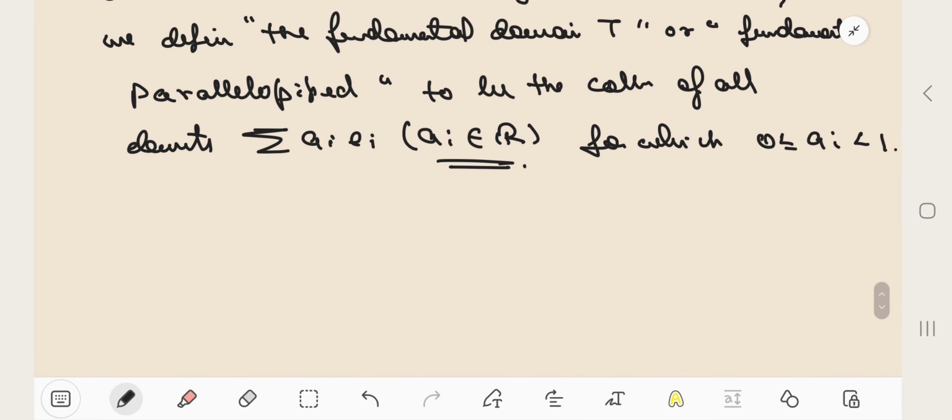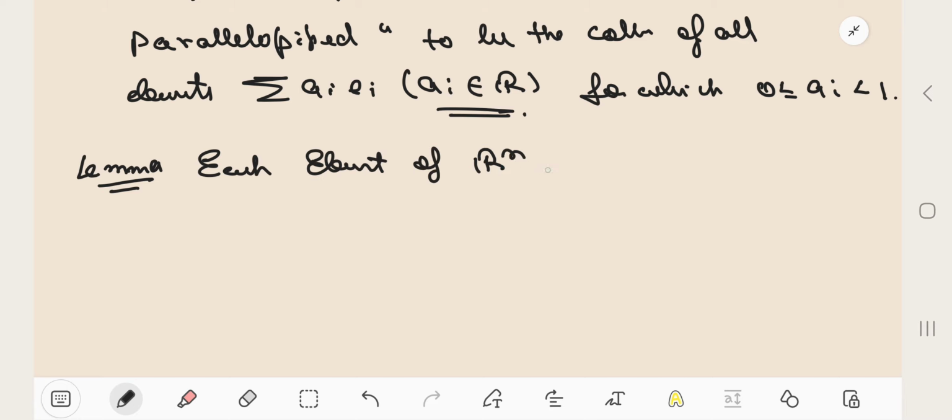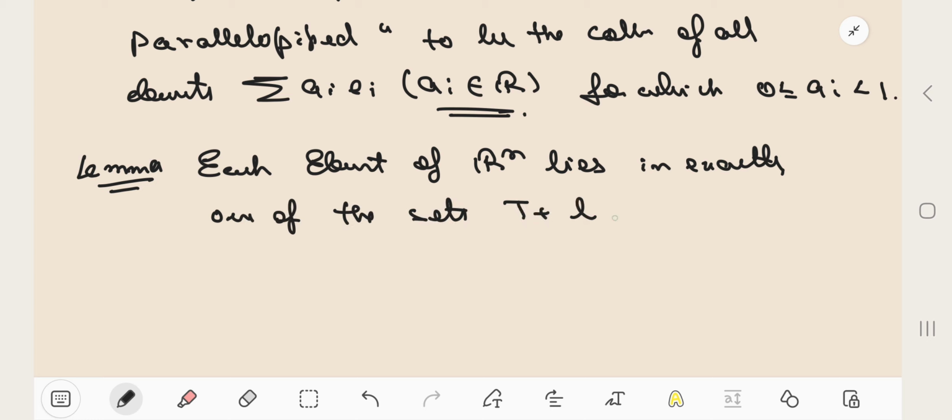Got it. And we have a lemma here that each element of Rn lies in exactly one of the sets T plus L, for this L coming out from the lattice.